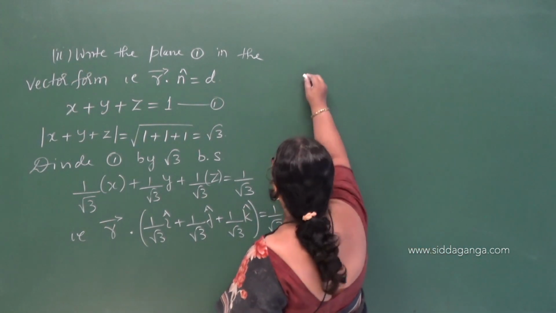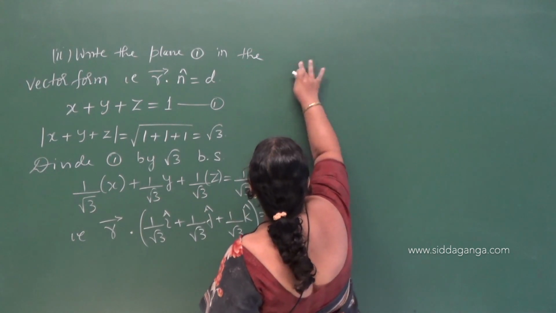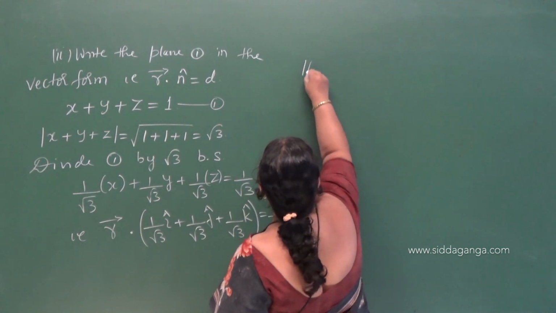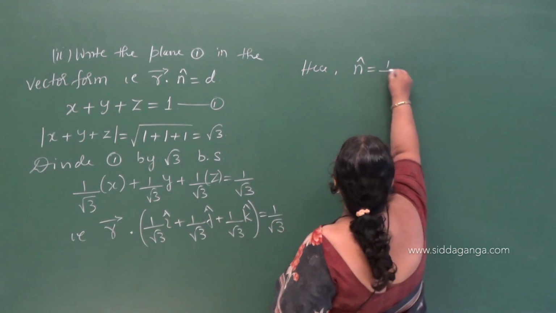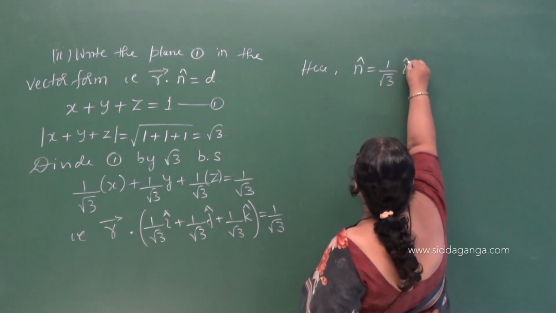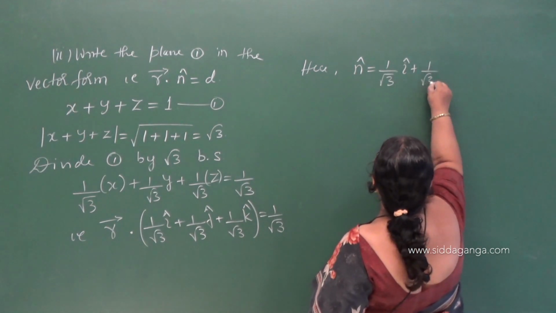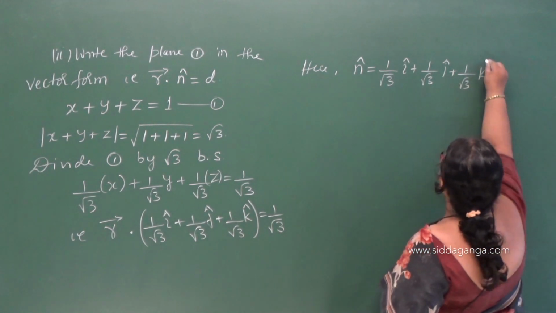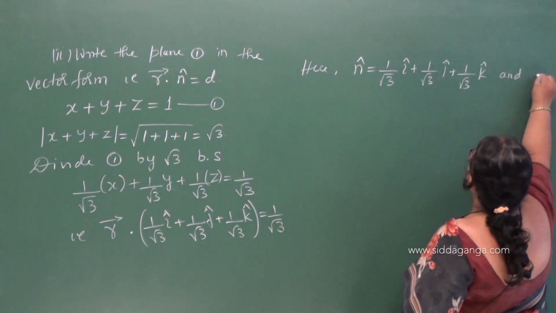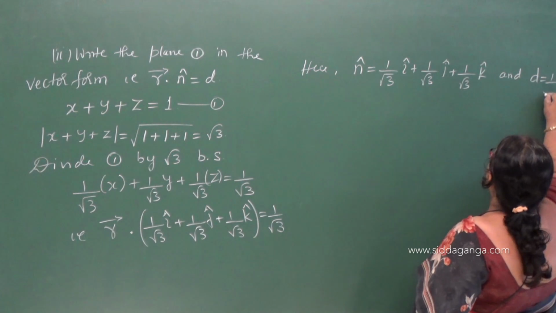So here n cap equal to 1 by root 3 into i cap plus 1 by root 3 into j cap plus 1 by root 3 into k cap and d equal to 1 by root 3.